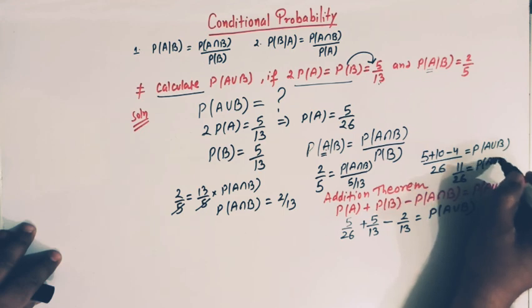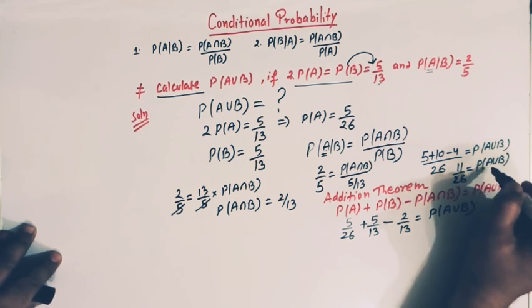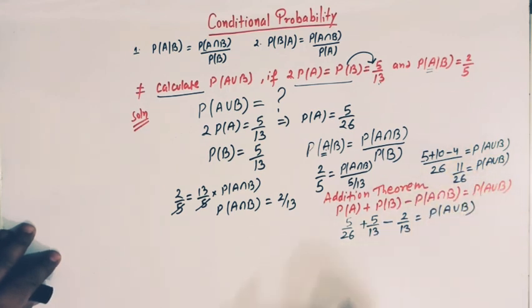So the required value of the probability of the event A union B is 11 by 26.